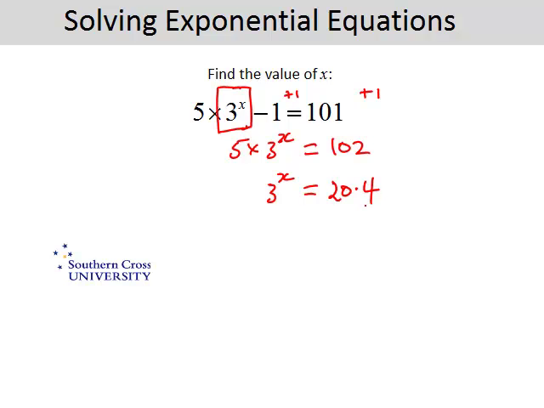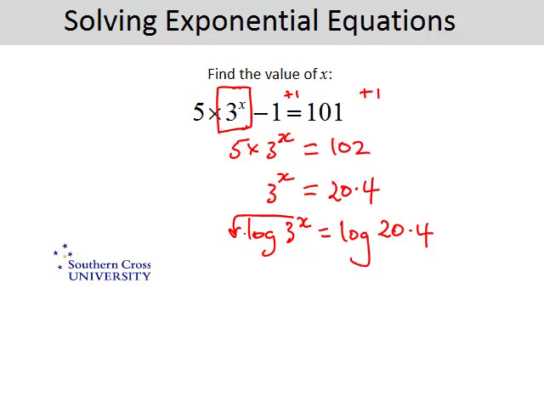Now we've got it down to just a simple exponential. I can take the log of both sides, so the log of 3 to the x is equal to the log of 20.4.